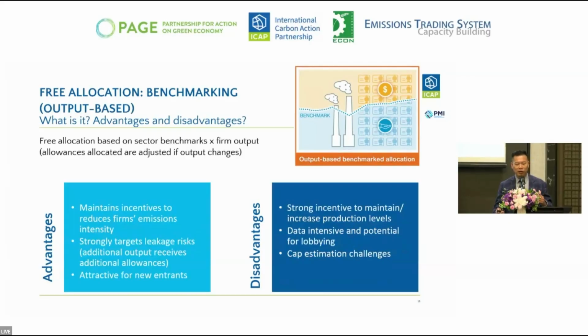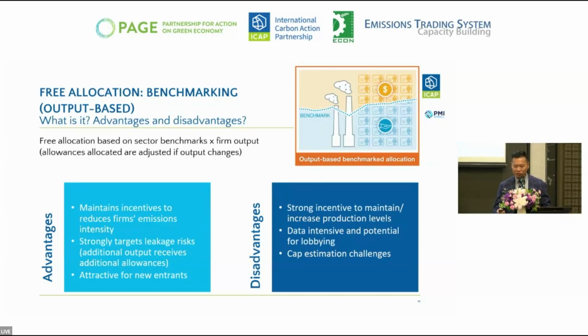And right now, we have benchmarks with output-based allocation. So it is also more flexible. It means the government only controls the intensity. Like I said in the morning, if the companies produce more, they can get more allowance. It doesn't limit their output.